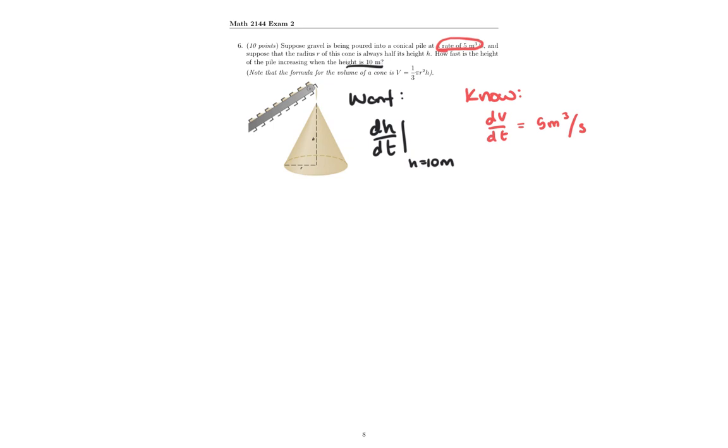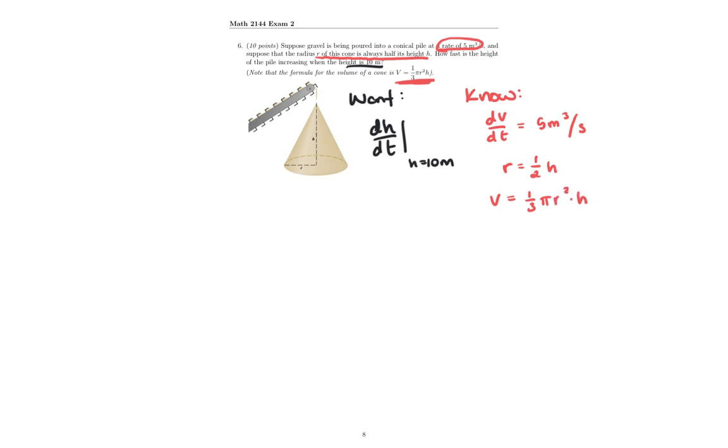And I also know that the radius r of this cone is always half its height h. So r is equal to 1/2 h. Okay, and then I know the volume. It gave us the volume formula. So volume is equal to 1/3 pi r squared times h.